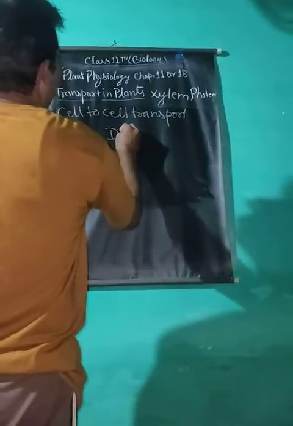Diffusion. If a solute is placed in its solvent, it is dissolved and its particles move so that they are evenly distributed.